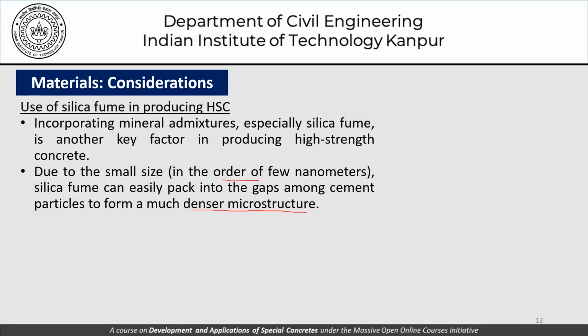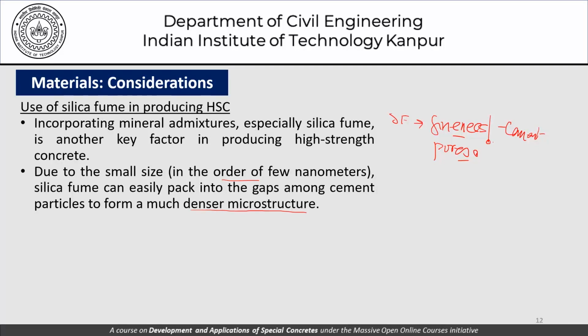Silica fume is a lot more fine compared to cement, and therefore the silica fume particles can actually sit in the pores of the concrete or the cement paste, giving rise to a much denser microstructure.